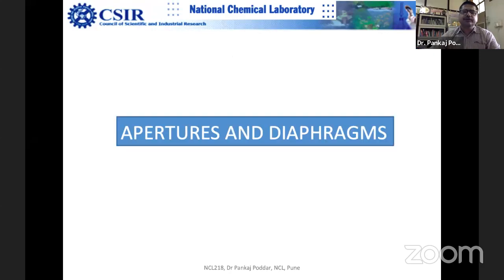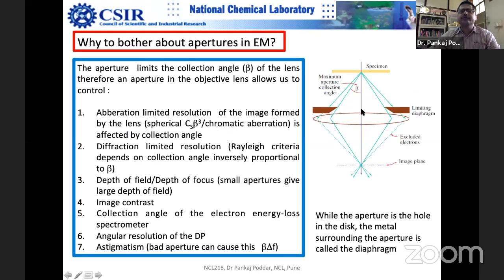So today we are going to discuss about apertures and diaphragms. We use this term aperture for this kind of opening, but this opening is basically this hole in the disc. There is a metal disc, and this hole which allows the electrons to go through is called the aperture, and the disc itself, which is a metallic disc, is called the diaphragm.